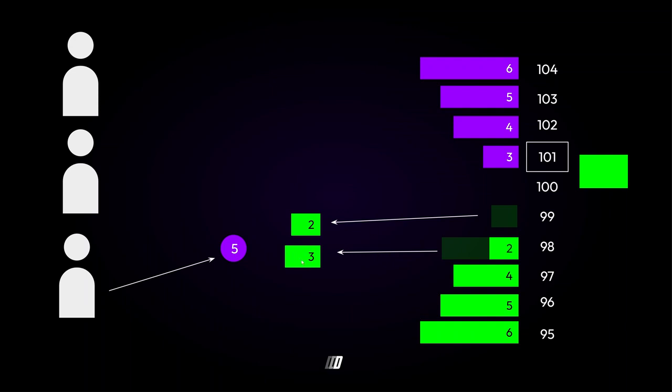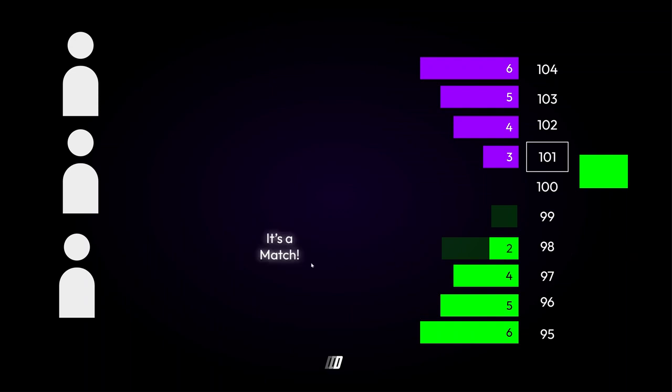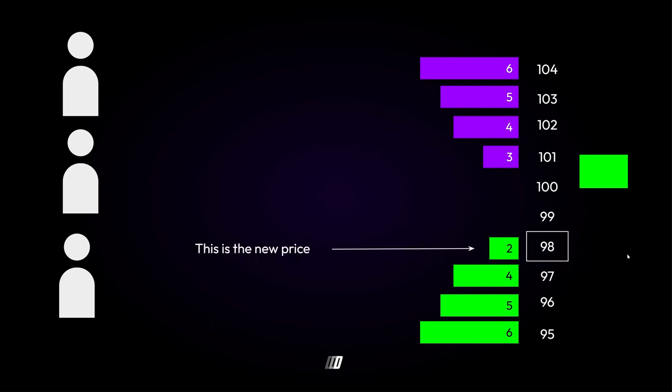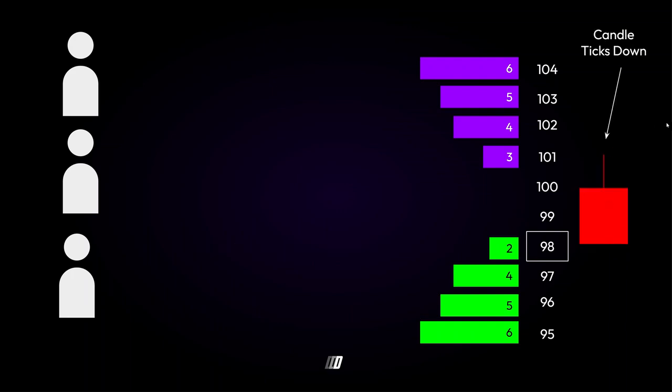But the last price level where there was a match was this one, right? So that becomes the new price, and the candle will tick down. Okay? This is the mechanics behind every single price movement that you see inside of charts.